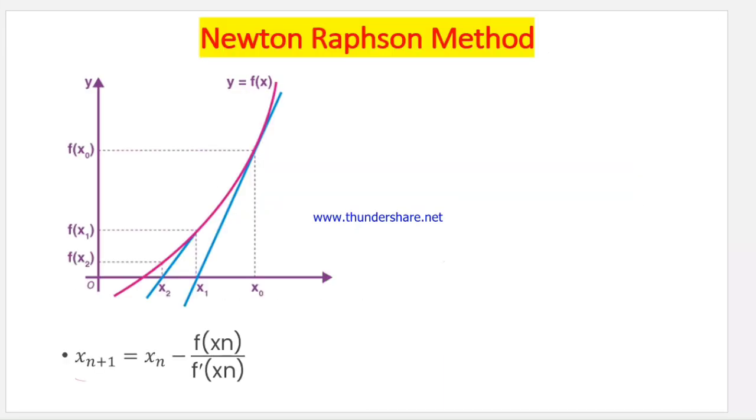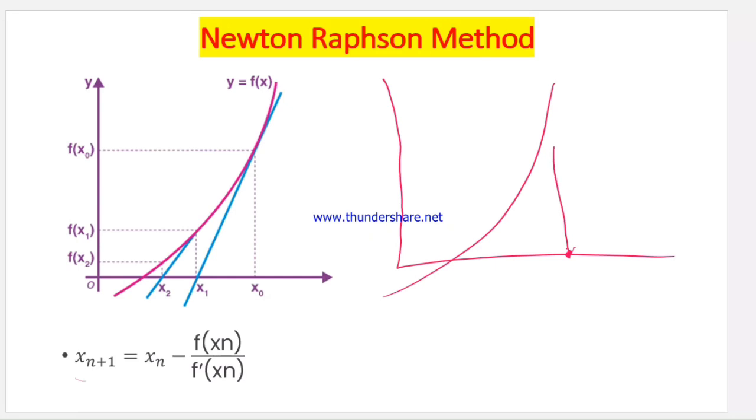Let's look at the Raphson method. The Raphson method also follows a similar approach. Looking for the root, it makes a guess here, and once it tests it, it finds the function point there.